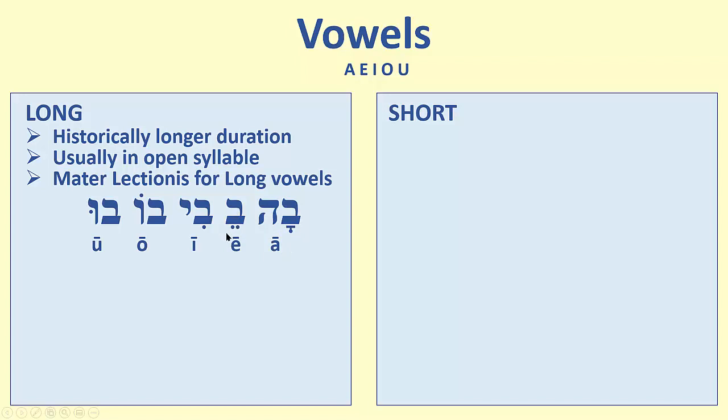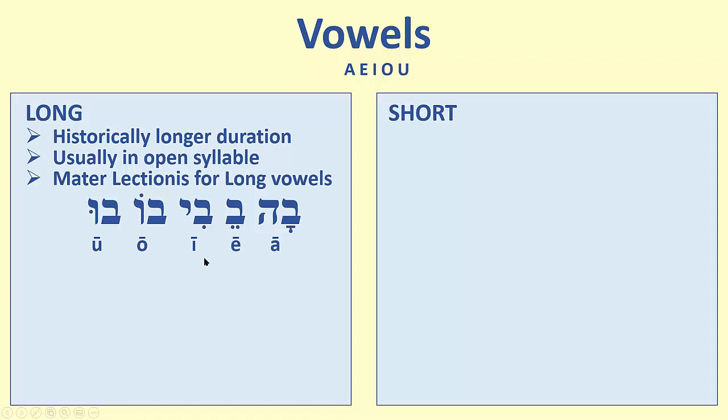Here we have tsere, which is also a long vowel. Sometimes it will show up with a mater lectionis yod, but not always. Even if it doesn't have that yod, it's still a long vowel. It's going to be pronounced they, kind of like an EY sound in the word they.